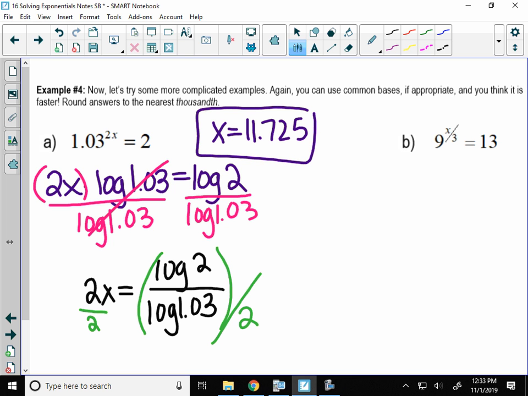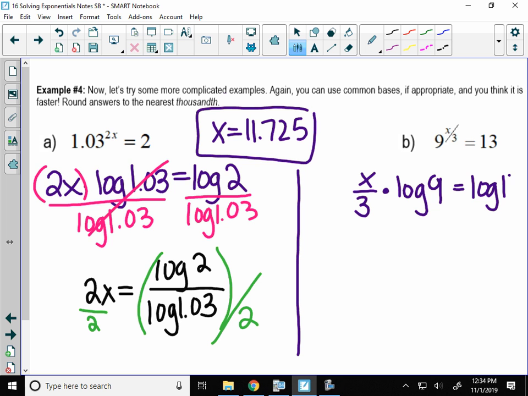Okay, so B, let's do the same thing. Can I find a common base here between 9 and 13? No, so we take the log again. So now x over 3 comes down, that's my exponent, times log of 9 is log of 13. What do I have to move next? Log of 9. So divide here by log of 9.